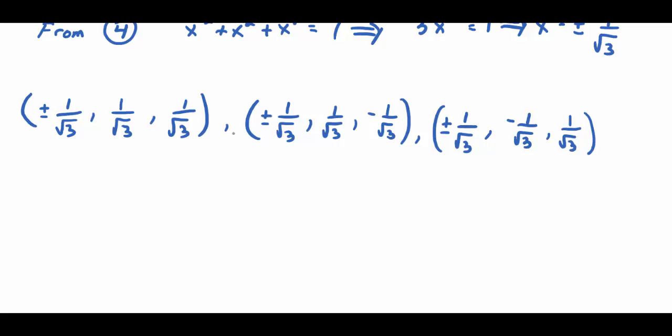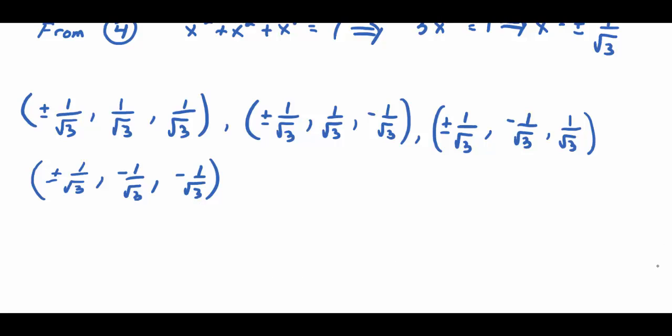Because of the plus or minus. Does everybody see that on the first coordinate? And then what's another one? Plus or minus 1 over root 3. What haven't I taken into consideration yet? Both y and z negative. And so there's all 8, in as compact a form as I can think of writing them.